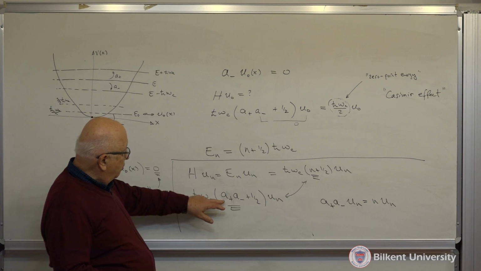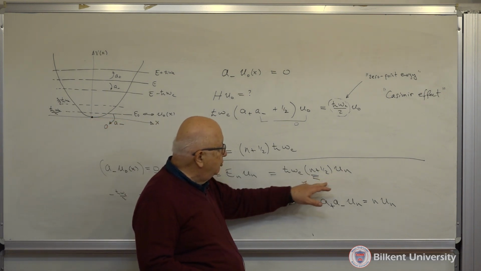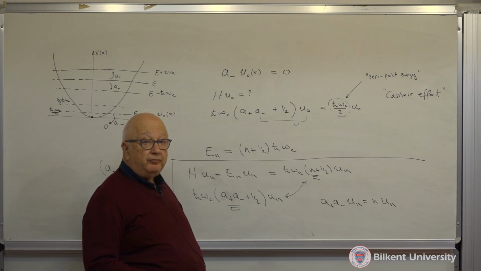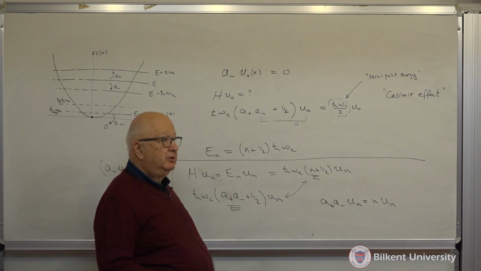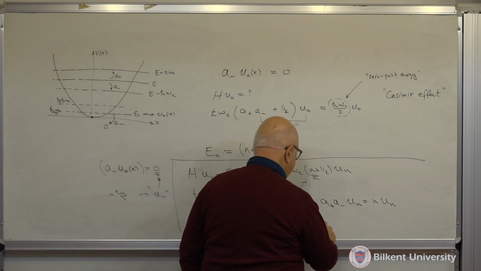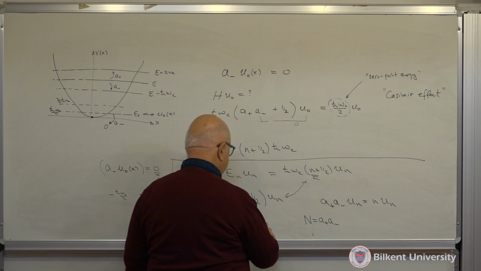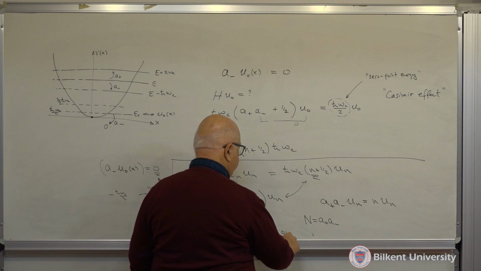The effect of this a plus a minus is just to pick out the number of the eigenstate. So this thing, a plus a minus, is sometimes called the number operator. Okay, so this is the number operator.